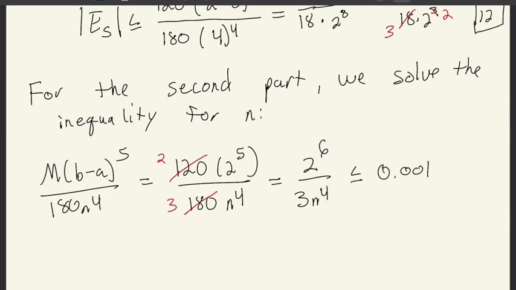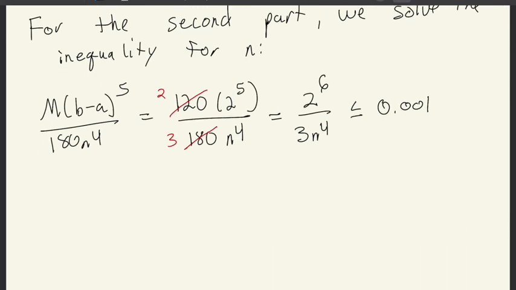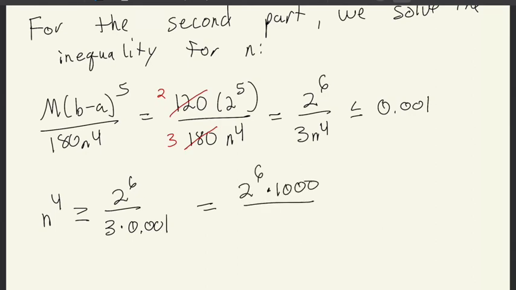So that's 2 to the sixth over 3 n to the fourth. And we want the error to be no bigger than 0.001. Okay, solve this for n. So multiply by n, divide by 0.001. You get n to the fourth is bigger than or equal to 2 to the sixth divided by 3 times 0.001. 0.001 is 1 divided by 1,000. So that is 2 to the sixth times 1,000 divided by 3.